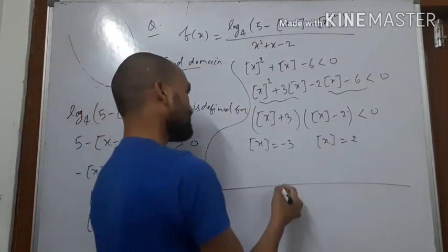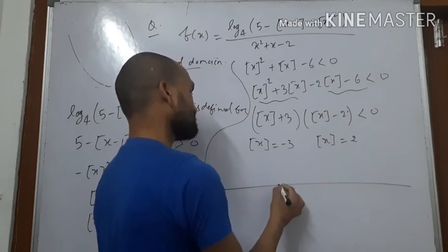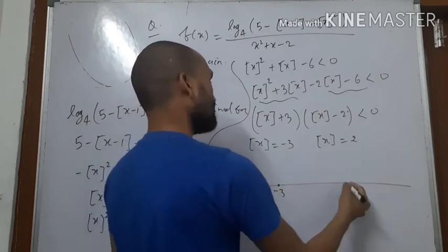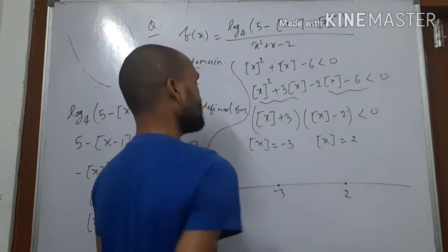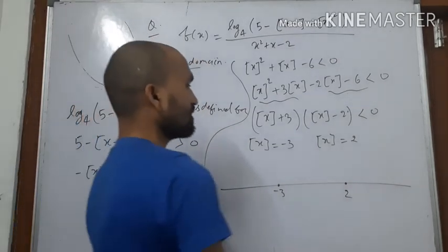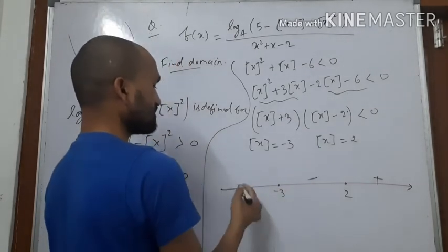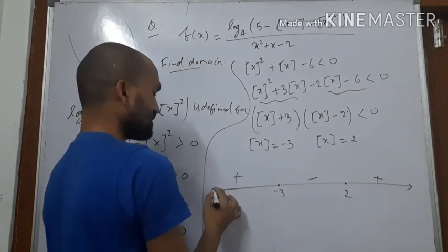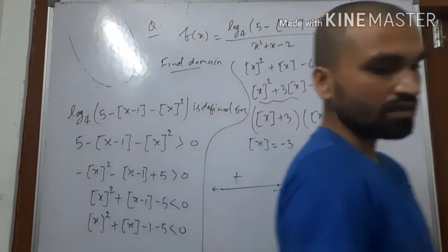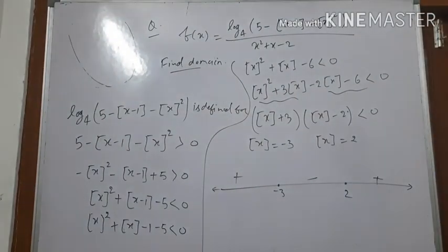After that, we get -3 is somewhere here and 2 is here. Okay, on the rightmost side it will be plus, then minus, and then plus. It is simply using the number line representation rule.